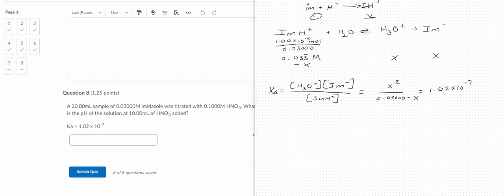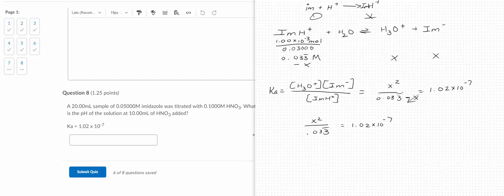So can we simplify this? And the answer is yes, because we are more than 1,000 times different. So I can simplify this, and this becomes x squared over 0.03000 equals 1.02 times 10 to the negative 7. Nope, no, that's a 3 repeating. I did that wrong.